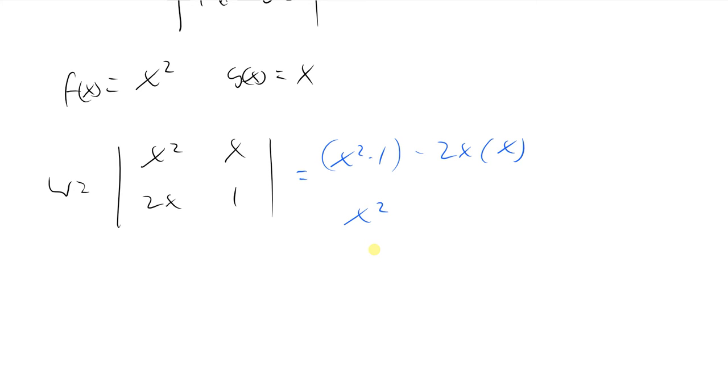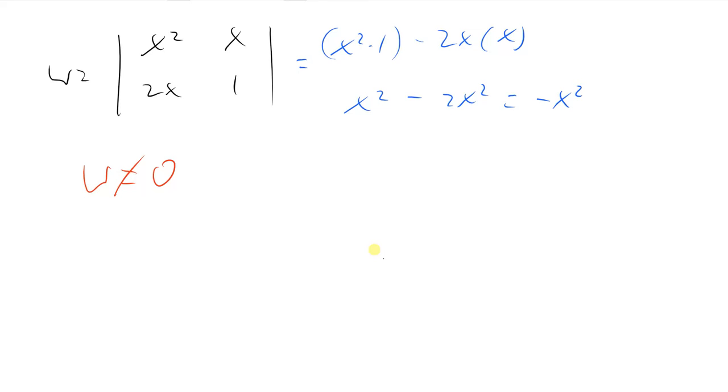So we get x squared minus 2x squared, which is equal to -x squared. Now, with a Wronskian, what you want to check for is if it's non-zero. So if W is not equal to 0, it is linearly independent. And if it's equal to 0, it's dependent.